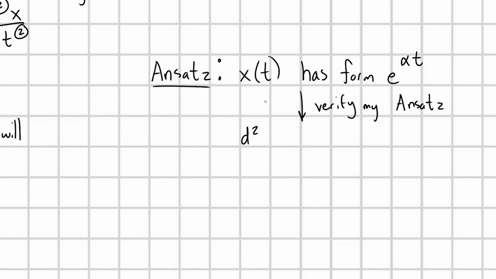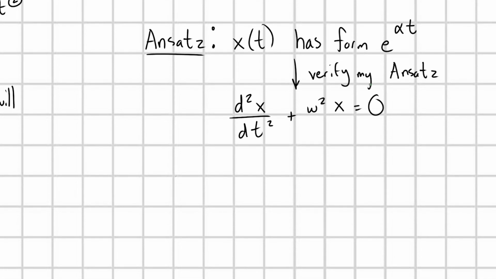So if we have d squared x dt squared plus omega squared x equals 0, let's go ahead and plug my ansatz in. Then I get d squared e to the alpha t with respect to t squared plus omega squared e to the alpha t equals 0.